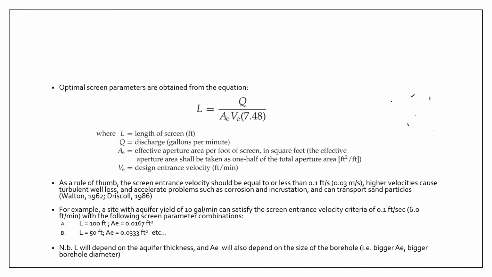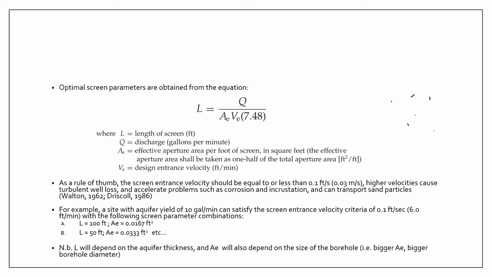And turbulence will result in loss of energy, right? And when you lose energy due to turbulence, this will typically necessitate additional energy or effort exerted by your well pump. And other problems can also be accelerated by high entrance velocities, like corrosion and incrustation.